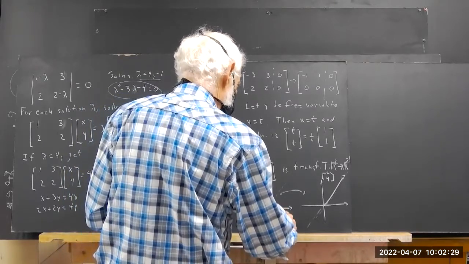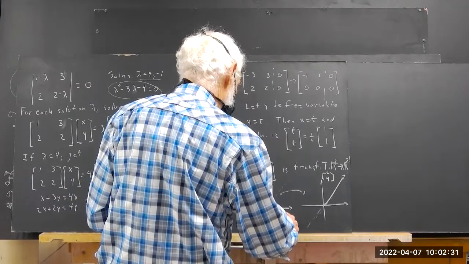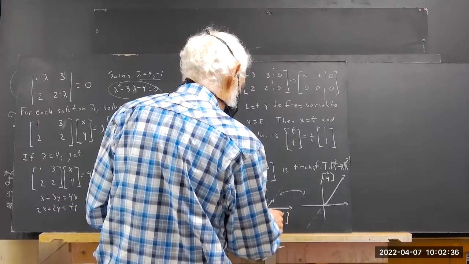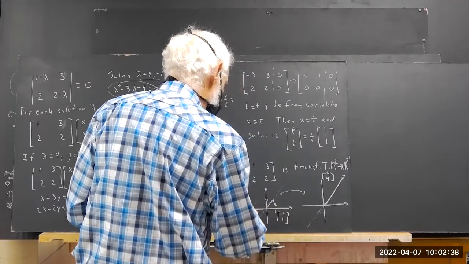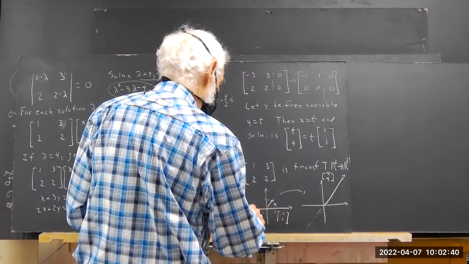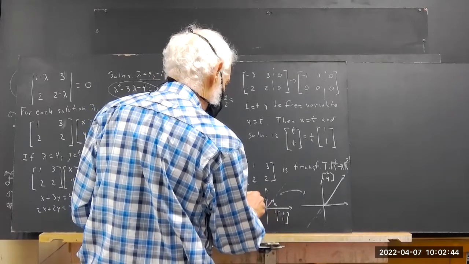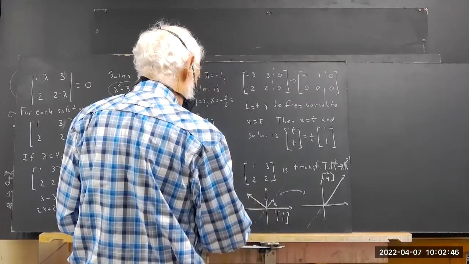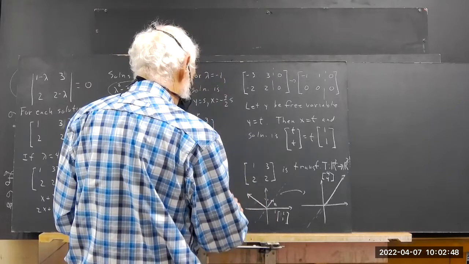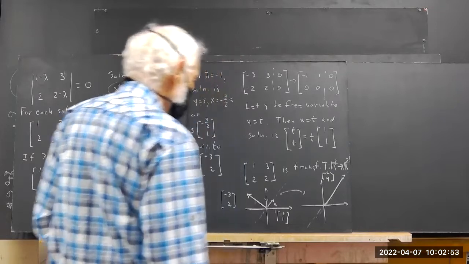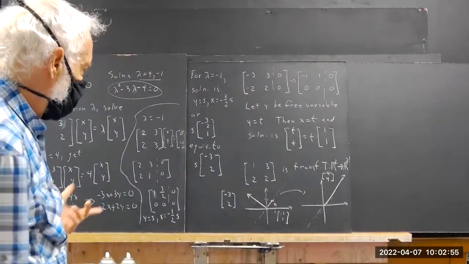My label for the negative 1, 1 for the 1, 1 here. Negative 3, 2. Well, we come over at negative 3 and up 2. So here is negative 3, 2. Now, how does this transform?